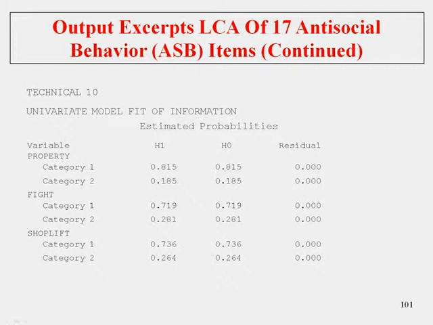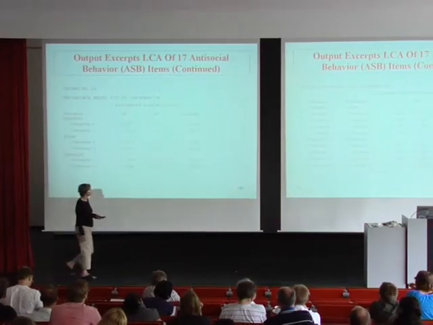And the difference, observed minus expected, is the residual. And you can see that the univariate residuals are 0, so there's no problem there. And these residuals are standardized such that they're z-scores, so the value that you want to be looking for is an absolute value greater than 1.96.